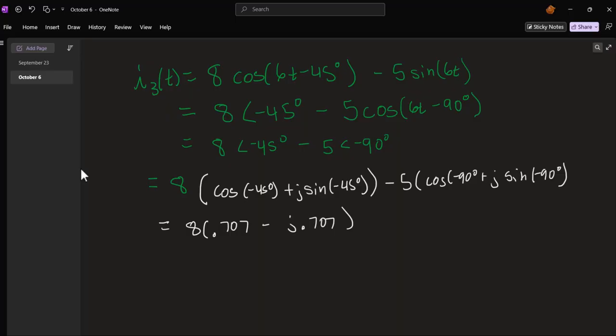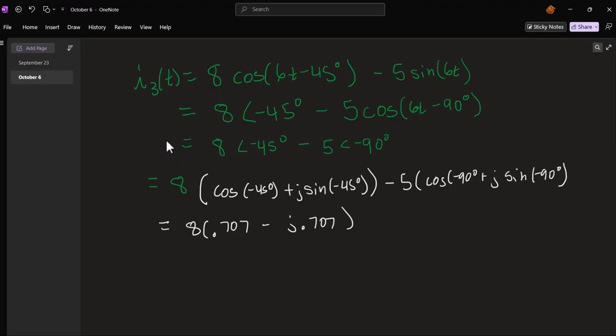Okay, so that's I. My resistors are the best because they never change. It's just 20 ohms. My capacitance is going to be minus J over omega C. So that'll be minus J over 62,831 times 1 times 10 to the minus 6. On this calculator, there's a button that has pi e i.